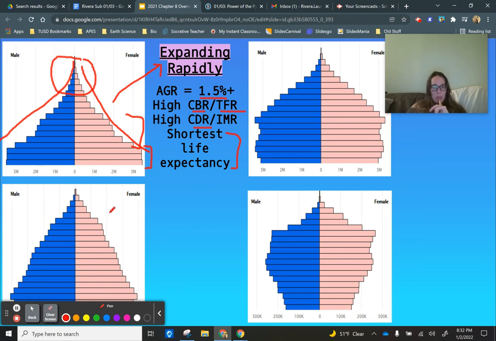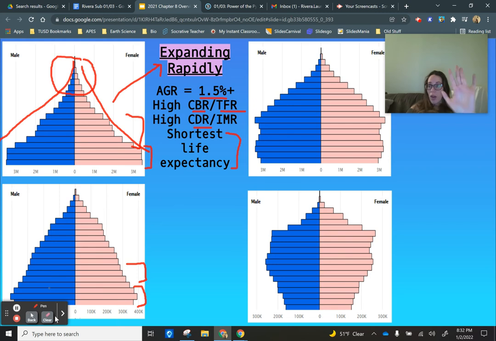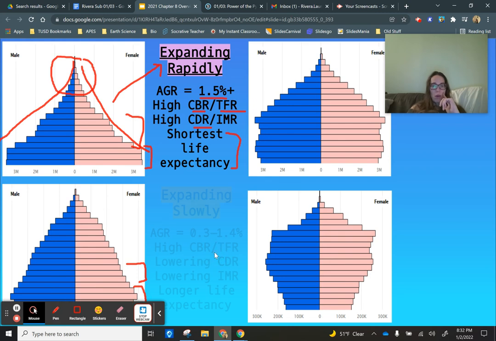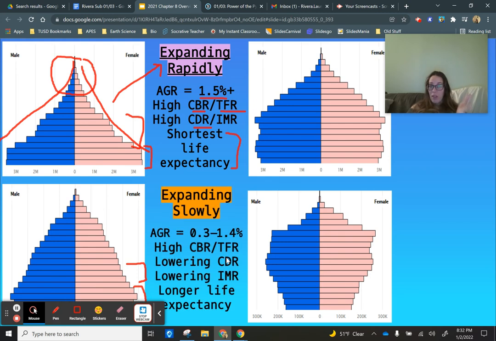Versus if you look at this population pyramid, well, our base isn't as broad. We still are more triangular shape, but this one's not as wide at the base. We still have a good number of pre-reproductive and reproductive, right? Those are the big part of the population. But we are starting to see it move up into the post-reproductive as well. And this is indicative of a more slowly growing population.